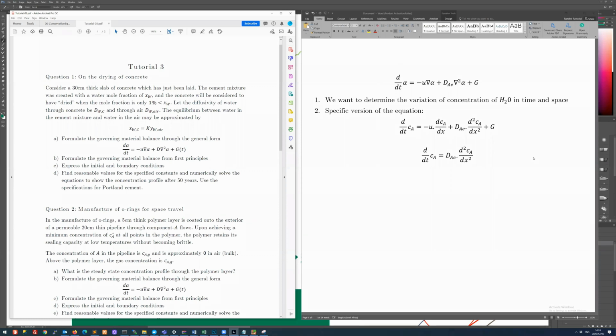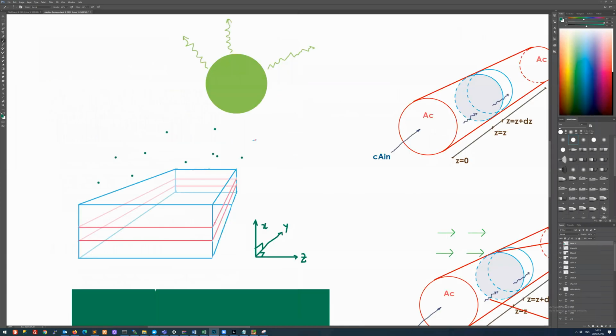Now, when you tackle these problems, whenever you are developing your material balance from first principles, you always start with a sketch. And in fact, we already talked about it. So we have the sketch, and we have defined our coordinate system. And I'm just going to move this here. In fact, it's fine. Let's let x be 0 here.